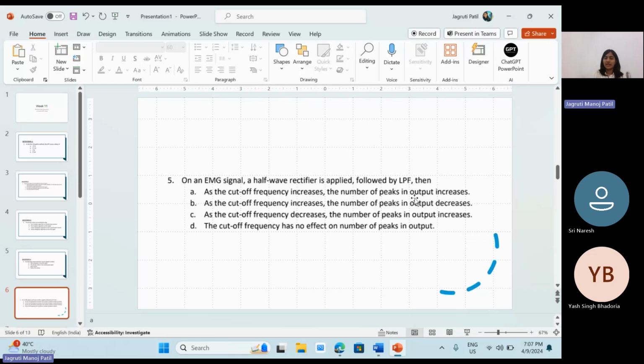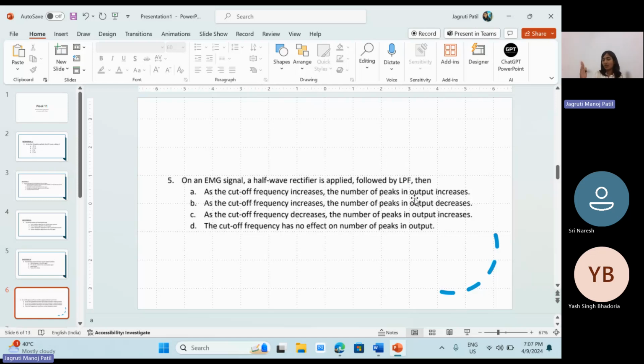Next, on an EMG signal, a half wave rectifier is applied, followed by a low pass filter. Then what happens? First, remember what a half wave rectifier was, and then we are applying a low pass filter, essentially removing the low frequencies.